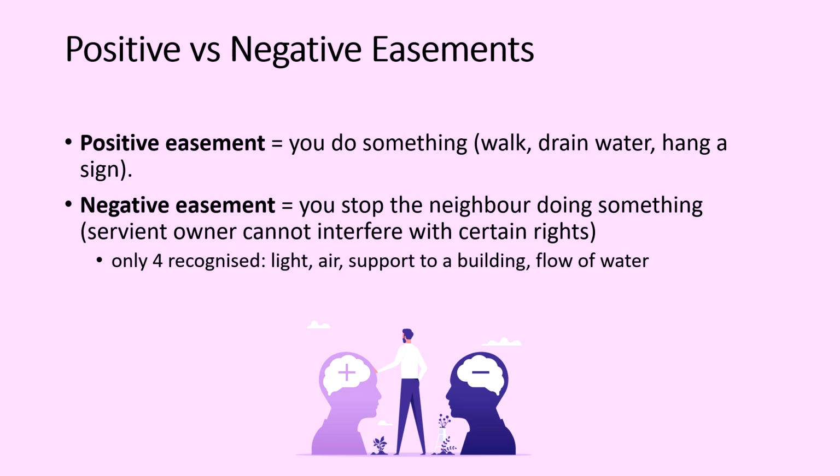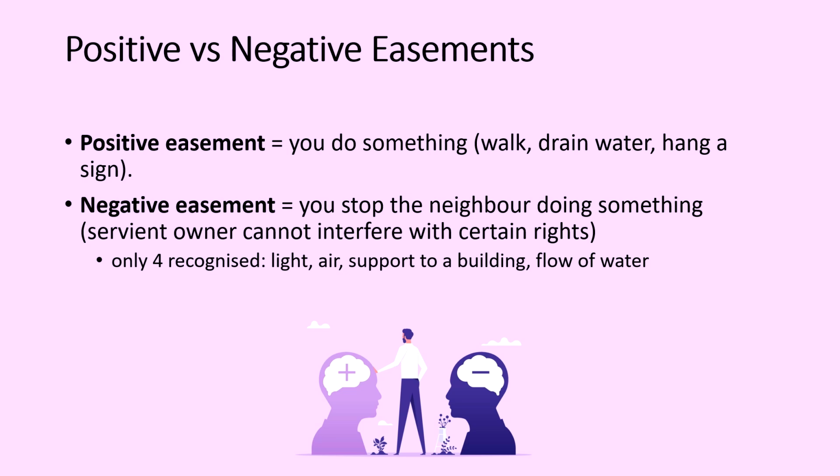So that would be an example where they can't interfere with the really basic right to just have a little bit of light or a little bit of air. And then likewise, they can't interfere with any kind of building supports, or they wouldn't be able to interfere with any existing flow of water.